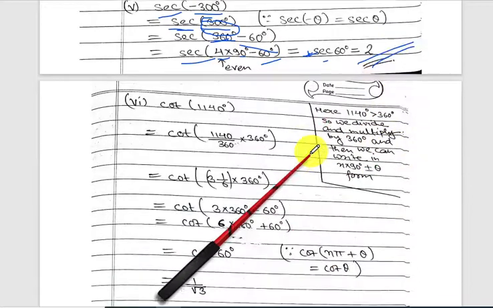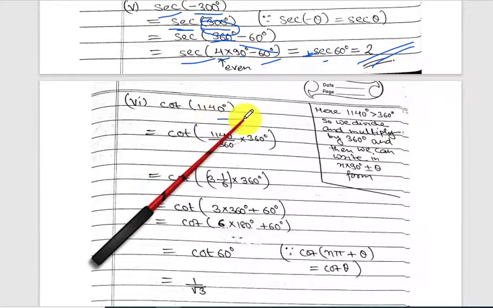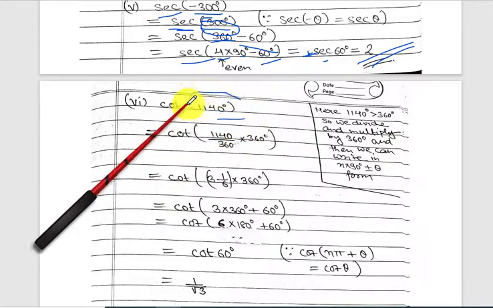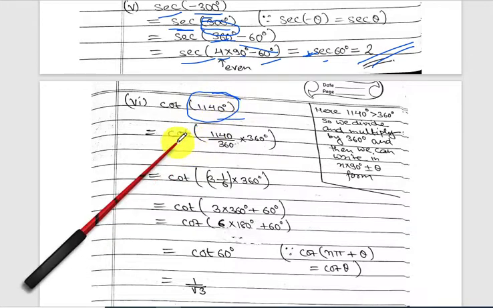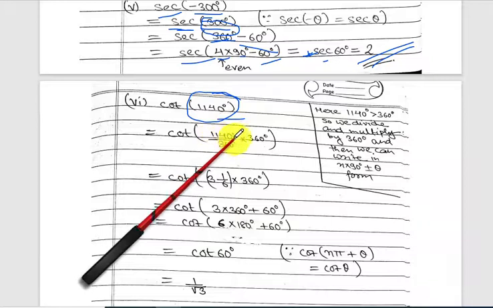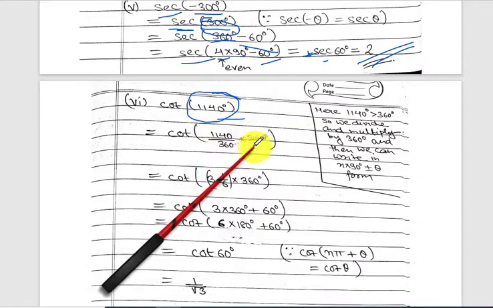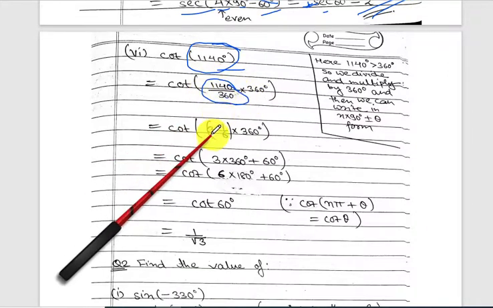Cot 1140. Here you can see that this angle is greater than 360. So we can write cot 1140, we can multiply and divide by 360. So this part can be written as 3 into 1 by 6 into 360.